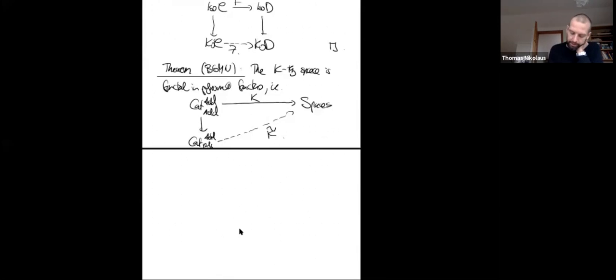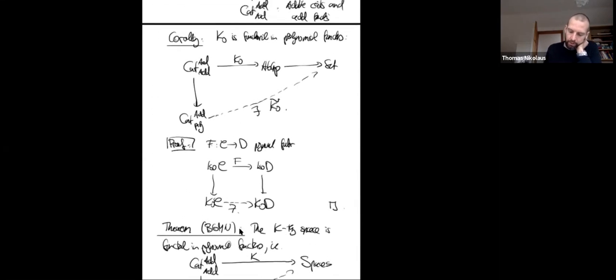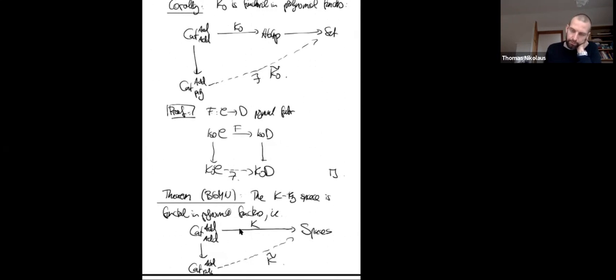And let me immediately make a bunch of remarks. The first remark is, maybe let me first explain the K0 version of this remark. So you might think that if I forget the fact that K-theory is an abelian group, I have forgotten something, right?